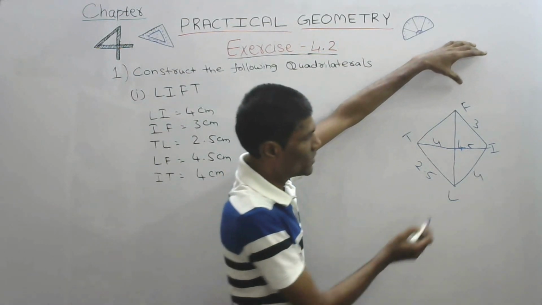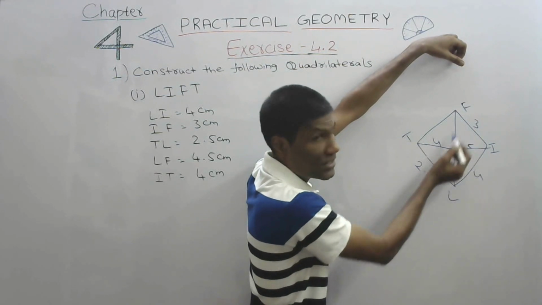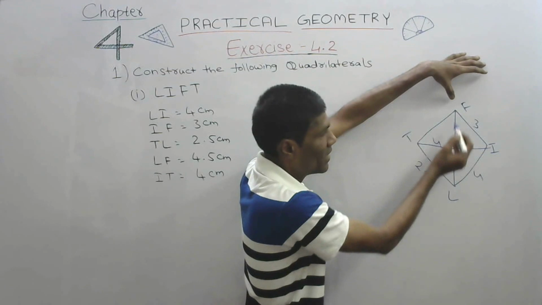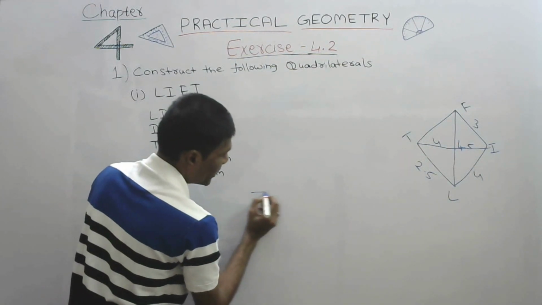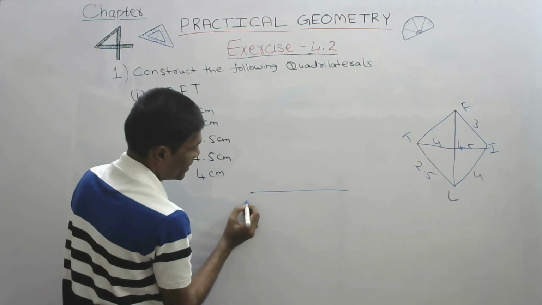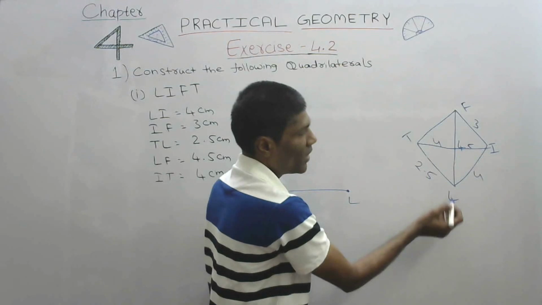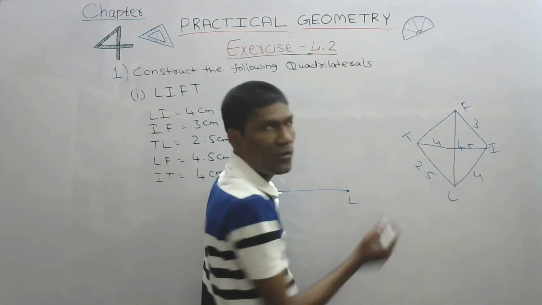first observe this. We know this diagonal and this triangle is first easy to draw. So first let us draw this triangle. Let us make FL as a base. FL like this. FL we have done. So from F 3, from L 4.